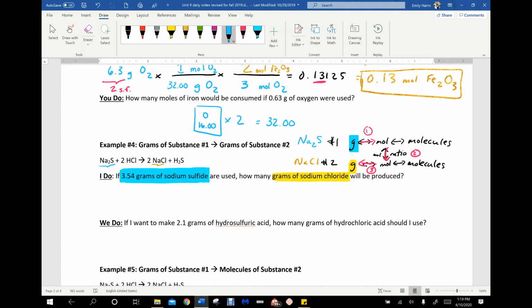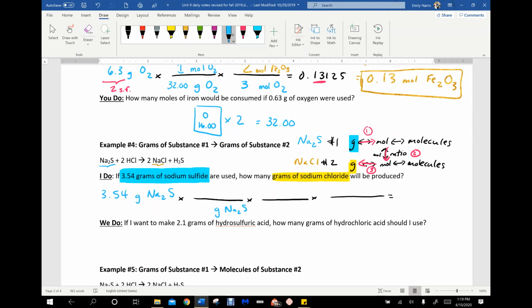Okay. So again, start out by writing what you've been given, 3.54 grams of Na2S. We know this problem will take us 3 steps, so we'll go ahead and set that up. That way we don't leave out a step later. I'll copy my unit to the bottom, grams of sodium sulfide.